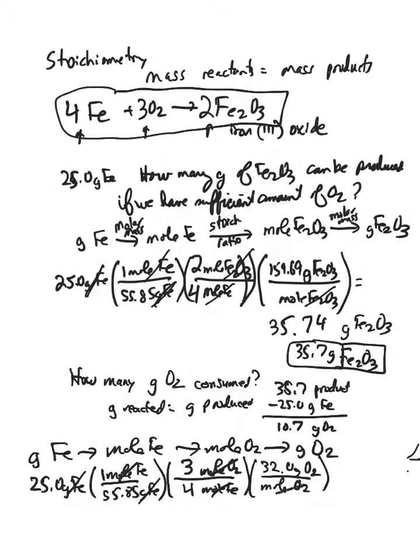So moles O2 divided by moles O2 will give me grams O2. So 25 divided by 55.85 times 3 divided by 4 times 32. And that gives me 10.7. Yay! And so that's how we did this problem of the combination of iron and oxygen to make Fe2O3.